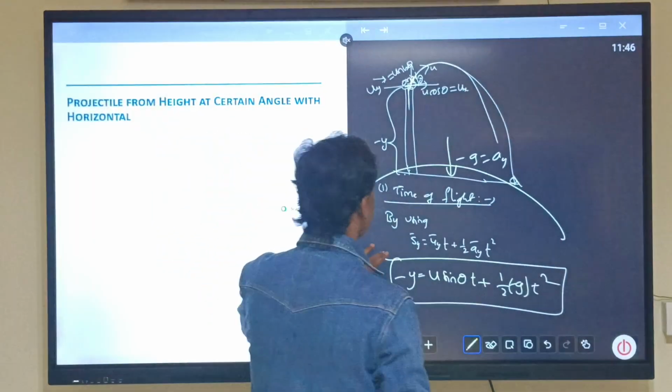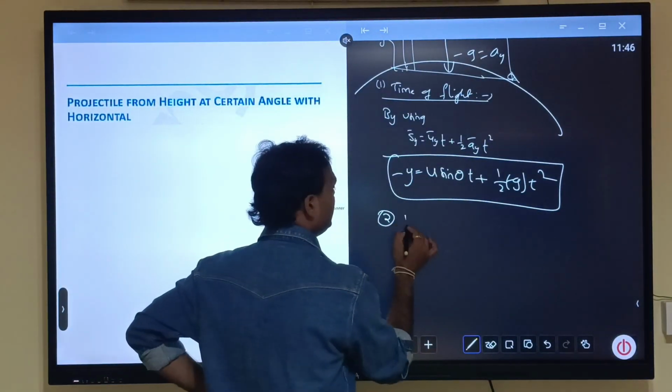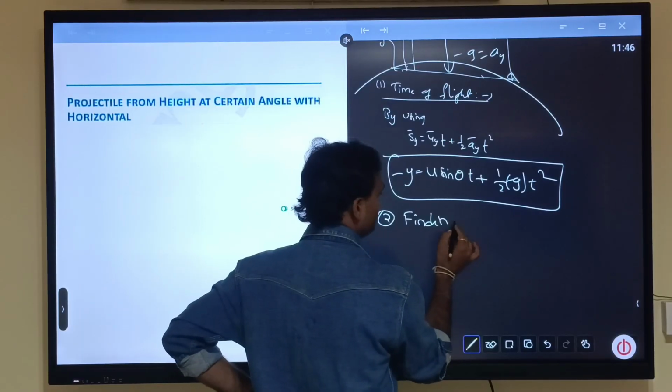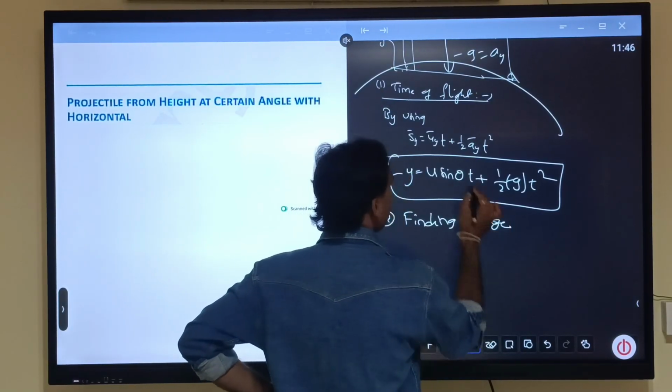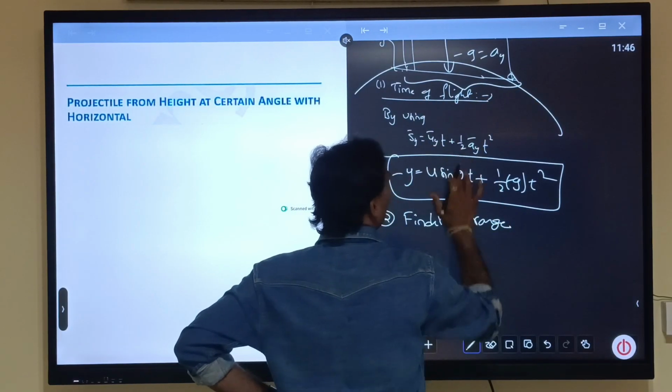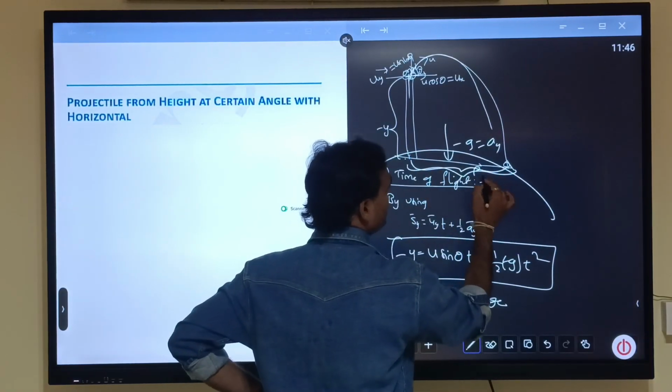Clear? The second part of the question is finding the range. This is the range value.